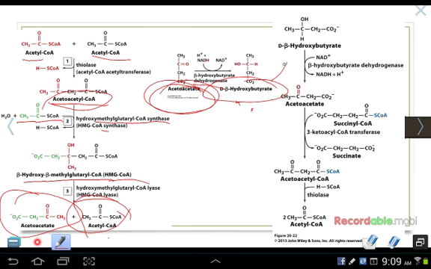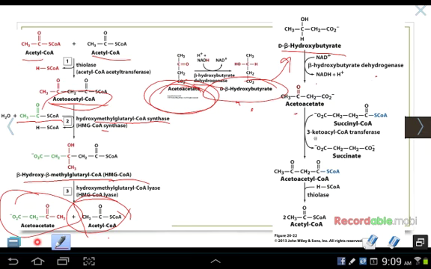Hydroxybutyrate can then be transferred from the liver to peripheral tissue and utilized for quick energy catabolism, right? So hydroxybutyrate is oxidized using a dehydrogenase to generate NADH, leaving us with acetoacetate.